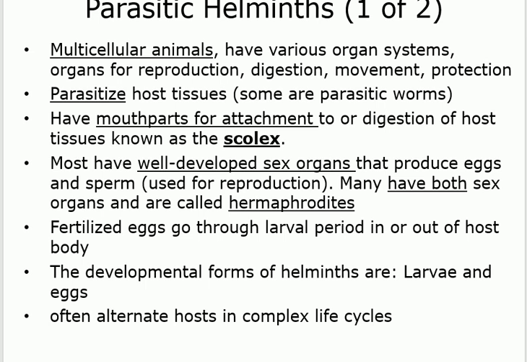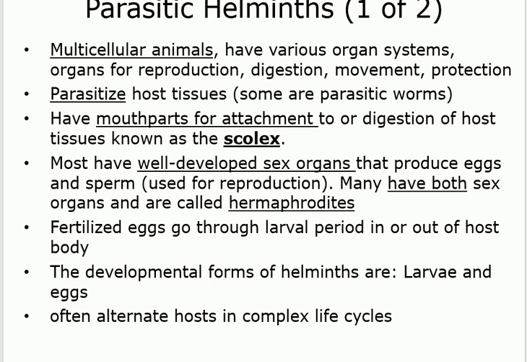They have well developed sex organs. So this is not asexual reproduction, right? This is sexual reproduction. They produce eggs and sperm, which are used for reproduction. Okay? So there is male and female, right? Worms have male and female. The male produces sperm, the female produces eggs, just like animals, humans, right?